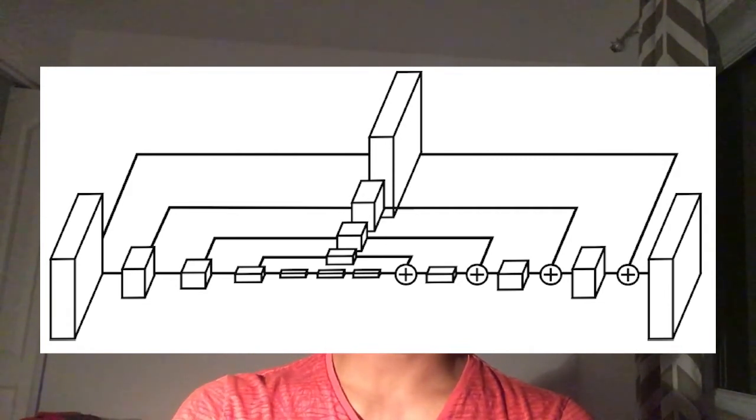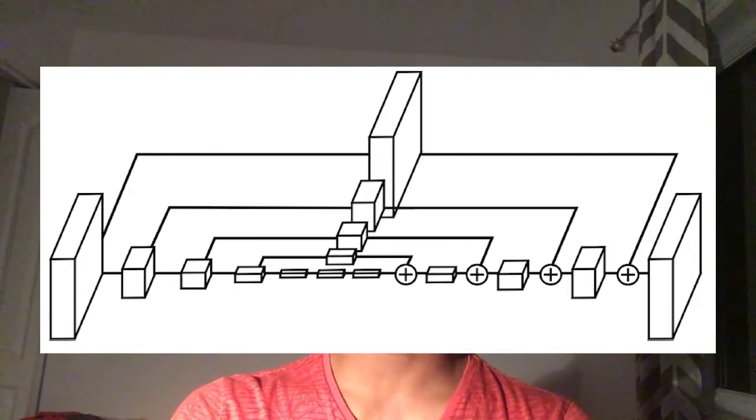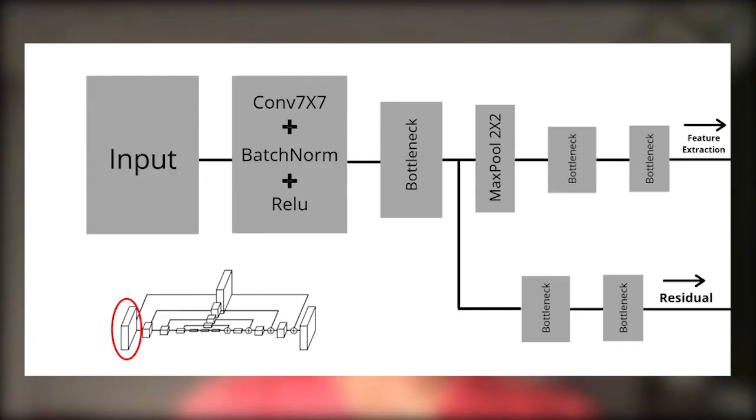So we'll dive deep into each cube. The first cube is actually a little different from the other cubes. We start off with a 7 by 7 convolution, with batch normalization and a ReLU activation function.